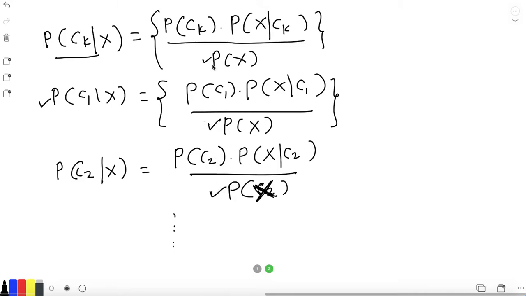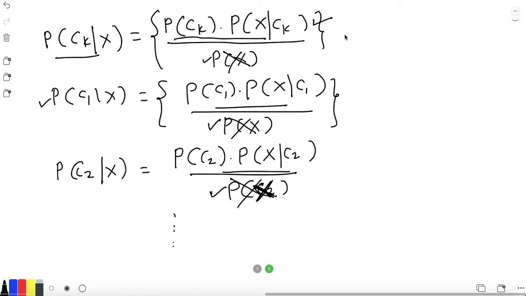That means in each term, the denominator is the same, that is probability of x. So why can't I neglect this? I can neglect this, right? So rather than comparing this whole term, I can compare only the numerators now. I can calculate only the numerator here, numerator here, right? Because the denominator is common, I can neglect the denominator.